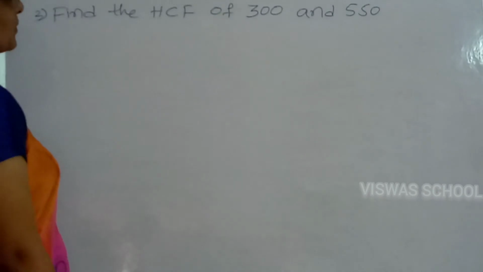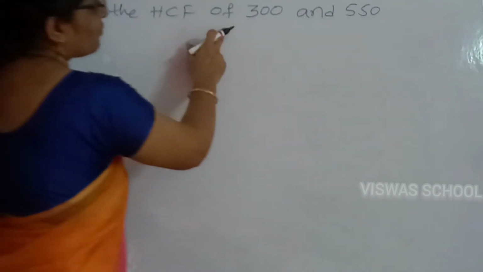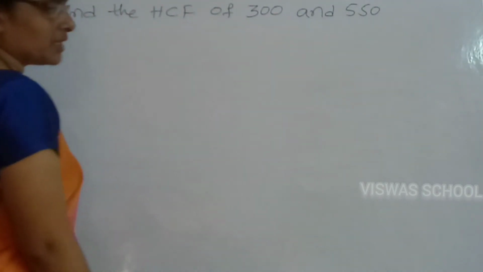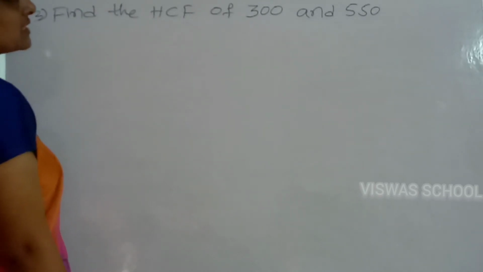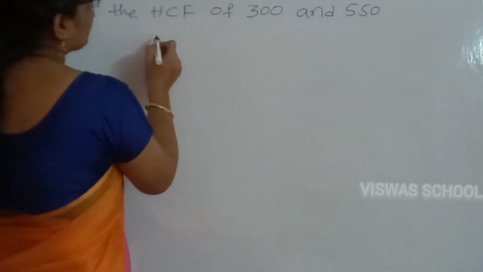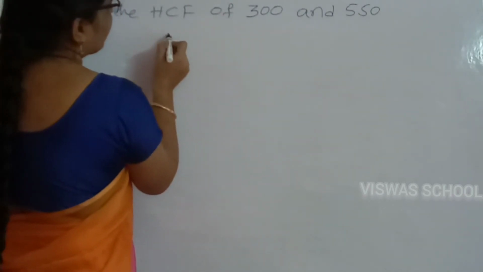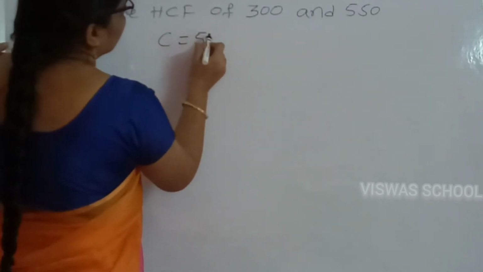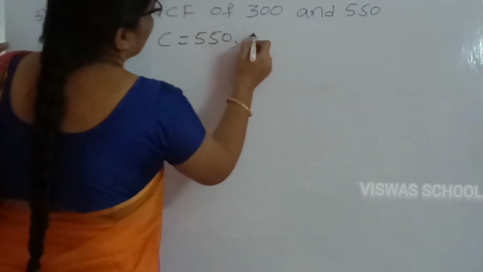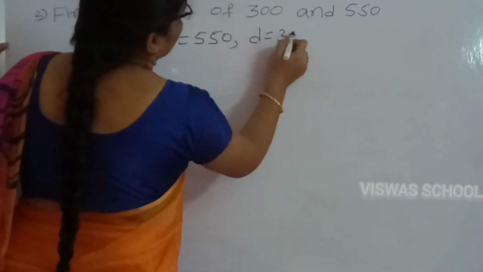Okay, next problem is find the HCF of 300 and 550 by using Euclid division algorithm. Here the given values are 300 and 550. We are taking C as 550 and D as 300.